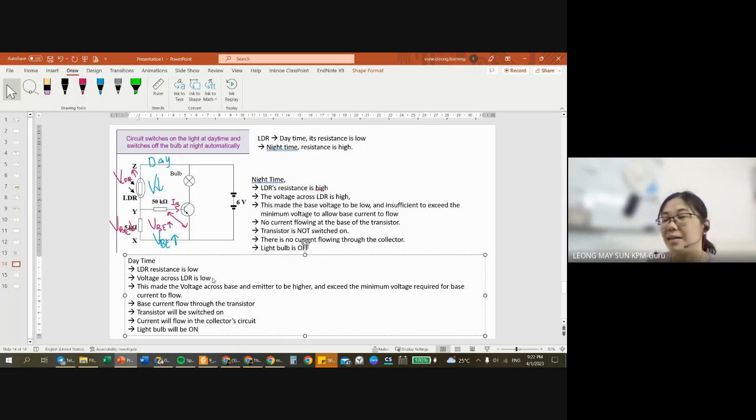What's the difference? The difference is the position of the light dependent resistor. When it's on top, it will switch on during daytime. If the light dependent resistor is at the bottom circuit, then at night it will be switched on. So please do memorize all these words. For me, I memorize by analyzing the light dependent resistor.